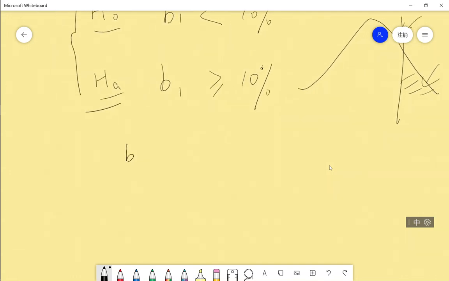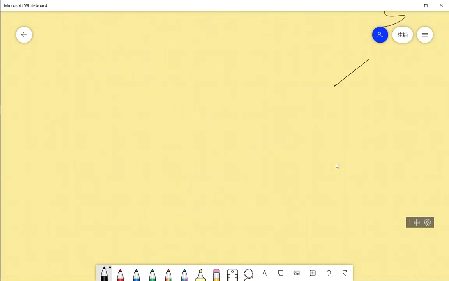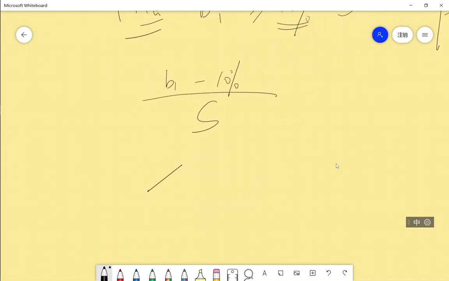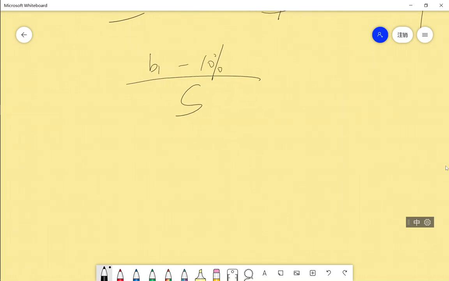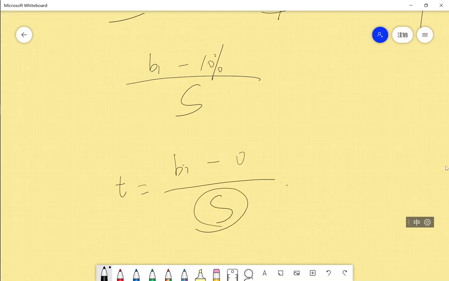All right. So let's just use the calculation here. I can use B1, and of course, since the critical point we are talking about is 10%, I'm going to subtract 10%. Of course, we're going to divide by the standard deviation of B1. But if there is no standard deviation of B1 given, what should you do? You should find the original t statistic of B1, which is B1 minus 0 over the standard deviation.